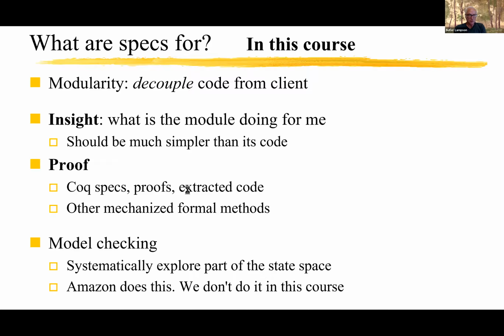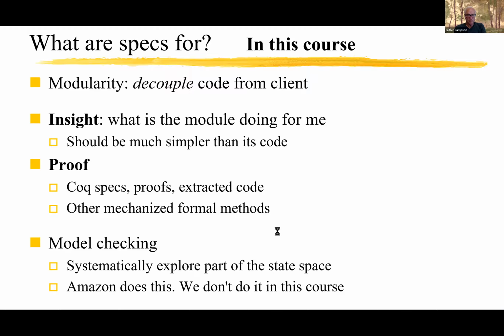A third use for specs is that you might want to know whether your code is right. And of course, what it means for your code to be right is that you can, in the strongest sense, give a proof that the code actually does the things that the spec says it's supposed to do.